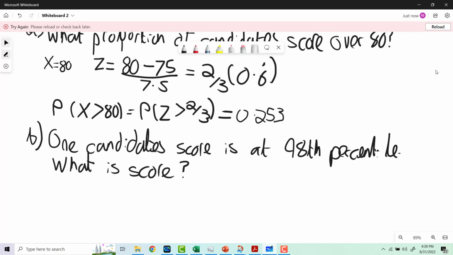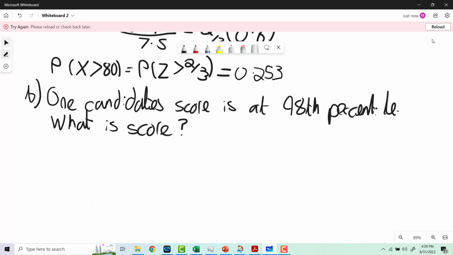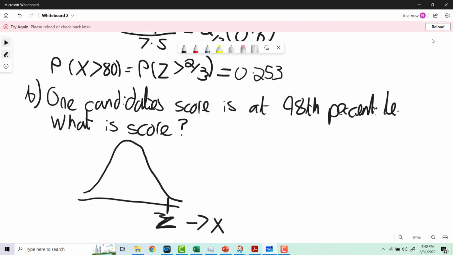Okay, so this is a little bit tricky. So let's just draw this here. First, let's find the Z, and then we'd use that to find the X.